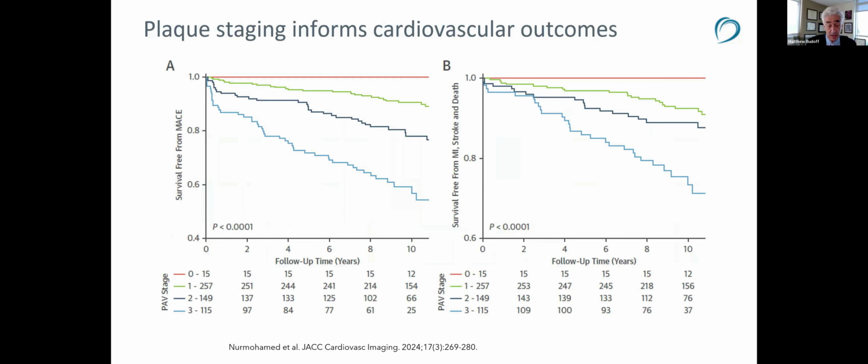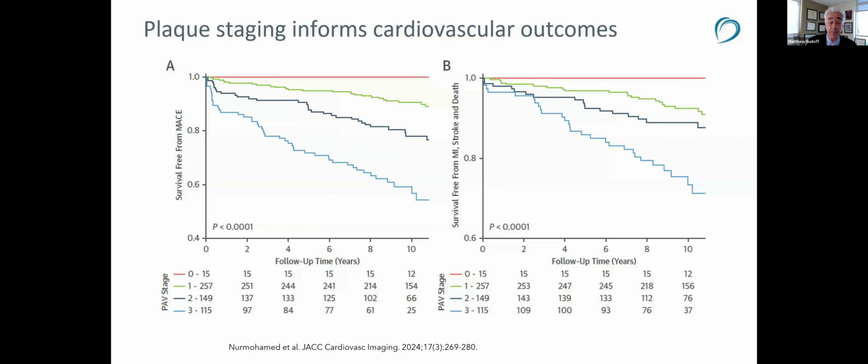So this is a nice publication that just recently came out looking at plaque staging and cardiovascular outcomes. Now in red, we have no plaque. This is percent atheroma volume stage 0.